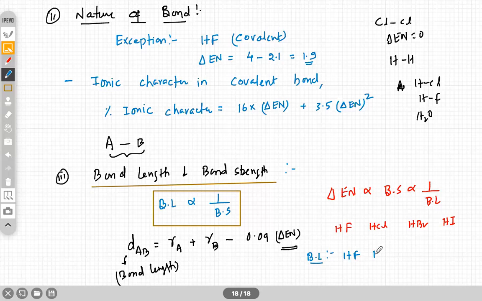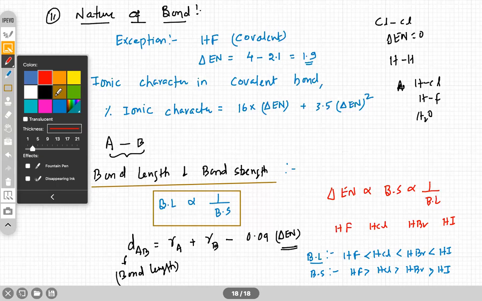Bond length is this. If bond length is this, then bond strength is opposite. Bond strength is this.